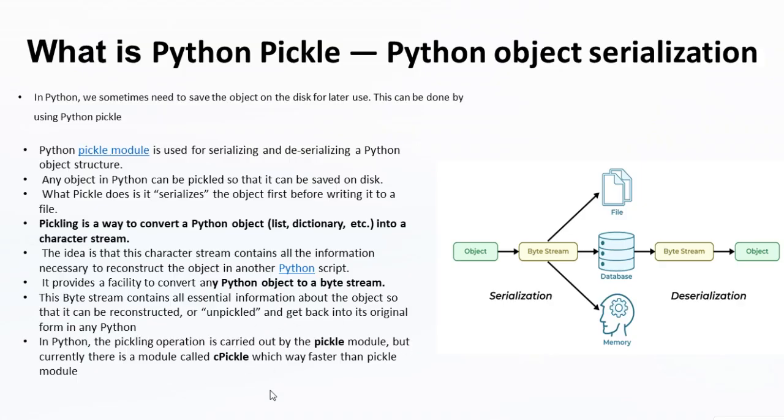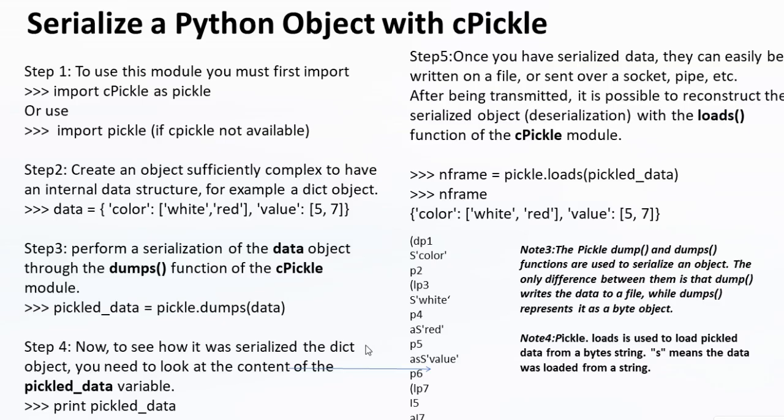But if you are working on Python 3.0, then you won't be able to use cPickle. For today's operation it's just enough to import the pickle module to your Python script. So let's first understand how we can serialize a Python object. In our case you can use cPickle or just the pickle module.